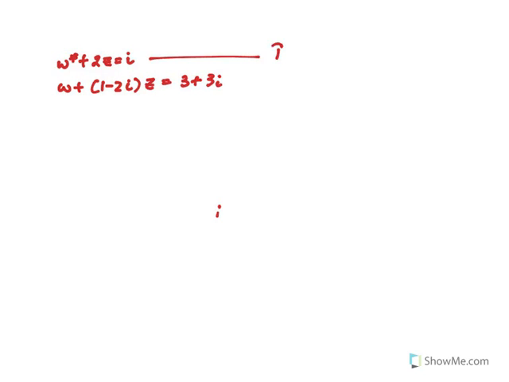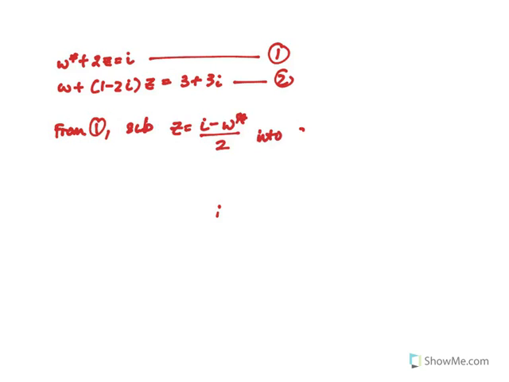So with that we have the first equation, and the second equation. Basically I choose z to be the substitute. So this is 1, this is 2, and from 1 I will substitute z equals (i minus w asterisk) over 2 into equation 2.